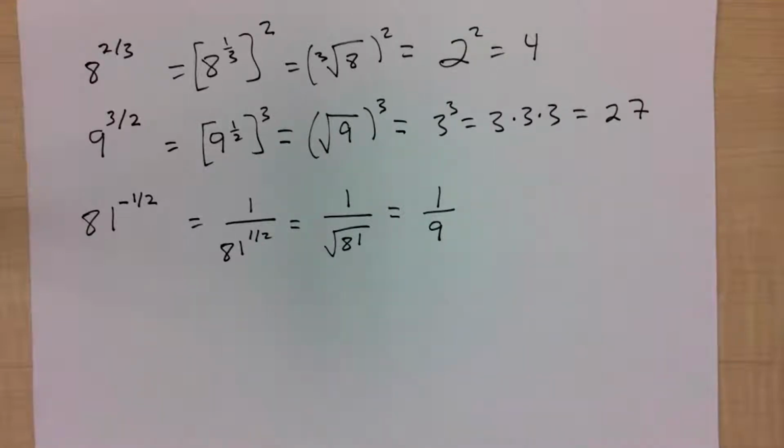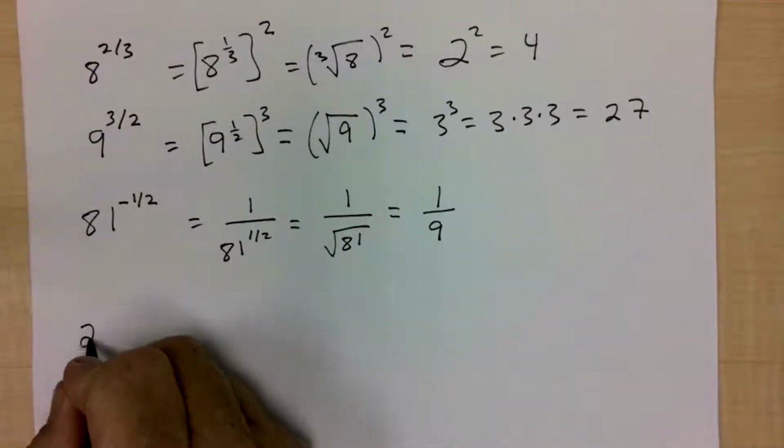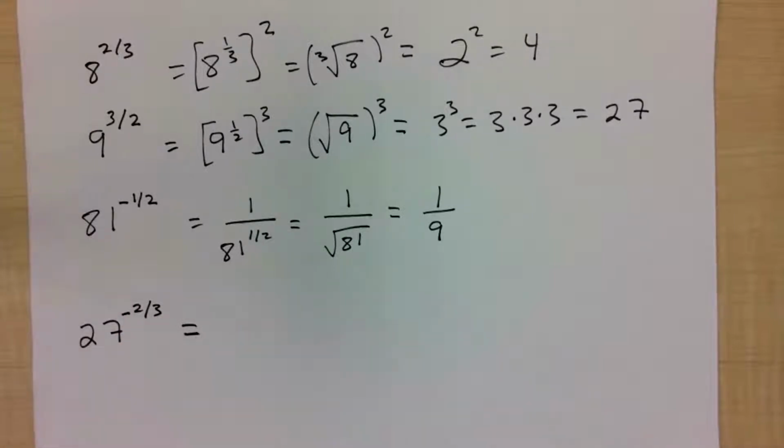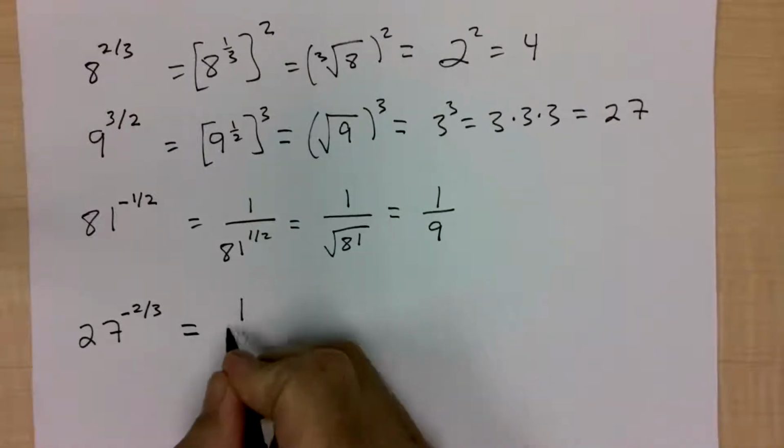Or if I had 27 to the negative 2/3, what would that mean? That would be 1 over 27 to the 2/3 power.